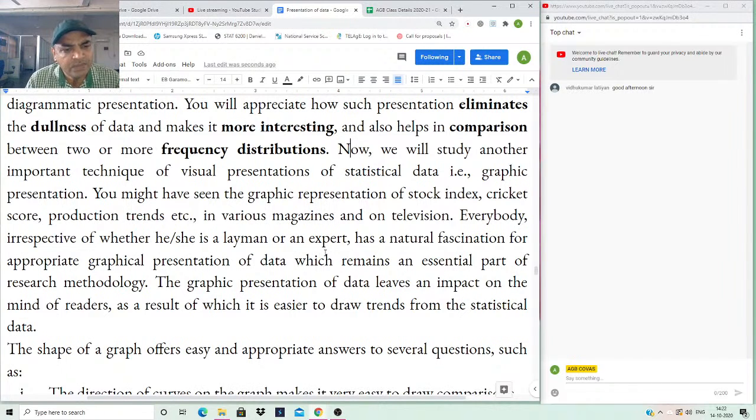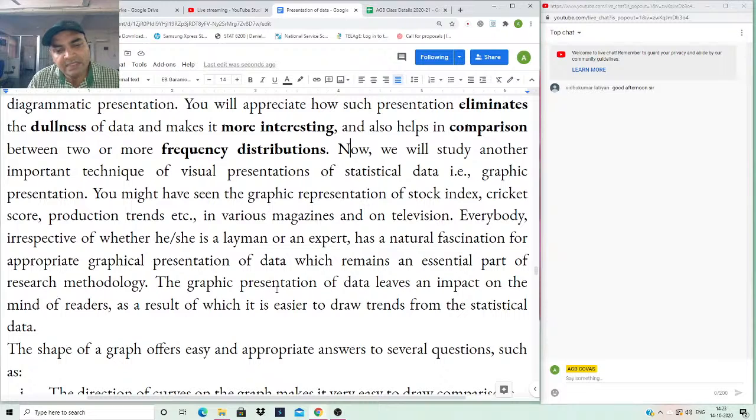And everybody, whether an expert or a layman, has a natural fascination for appropriate graphical presentation of data, which remains an essential part of the research method. When we do research methodology, unless we present our data in the form of graphs, it does not leave an impact.